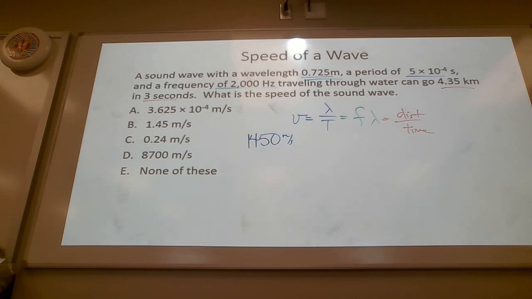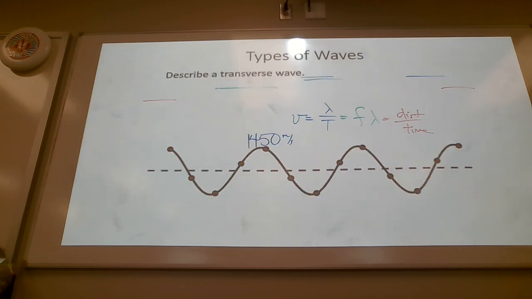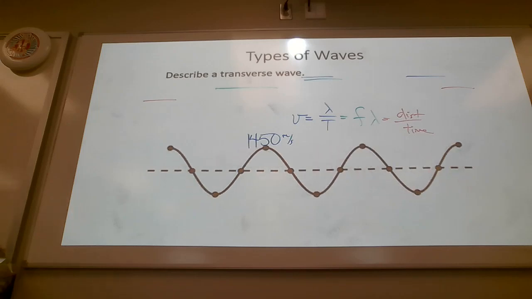There are two different types of waves that we're going to look at in this class. First is transverse.